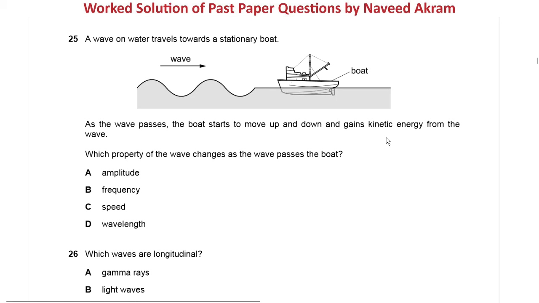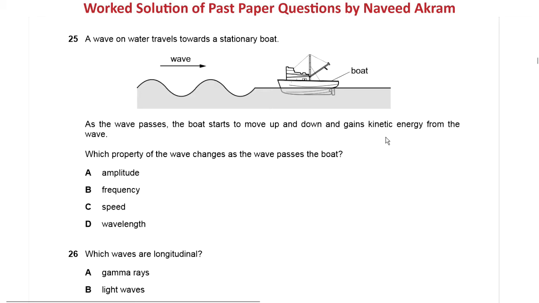Here is a wave, and as this wave passes the boat, it transfers energy to the boat. The boat gains kinetic energy from the wave, so the energy of the wave is transferred to the boat. Which property of the wave changes? When the wave passes the boat and transfers energy, its amplitude must change.